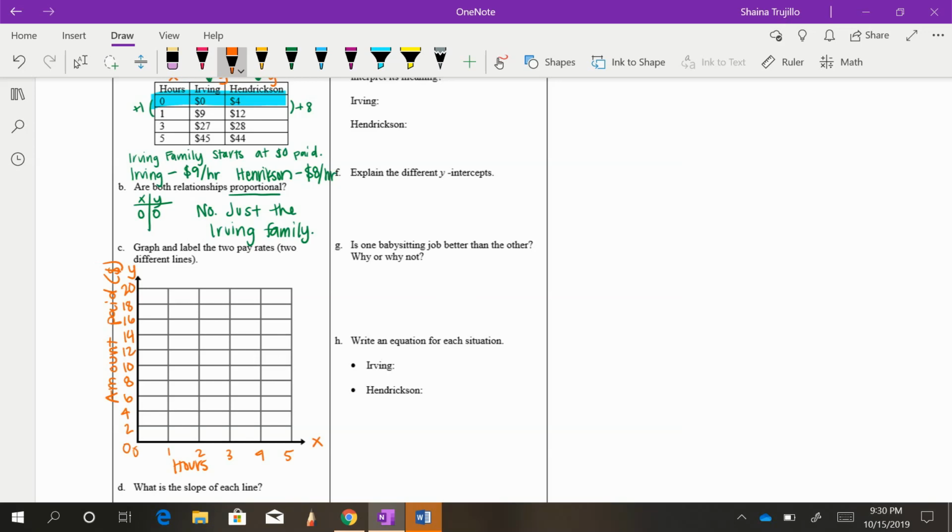So for 1 hour, let's pick a color for each family. Let's pick yellow for Irving. I'm just going to make a little key off to the side. And let's pick purple for the Henriksens.